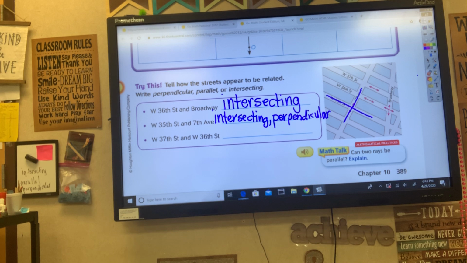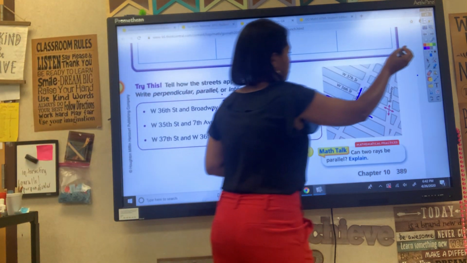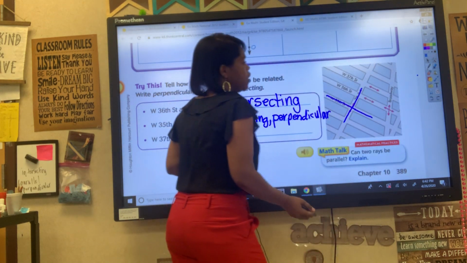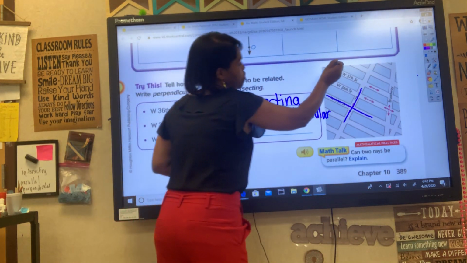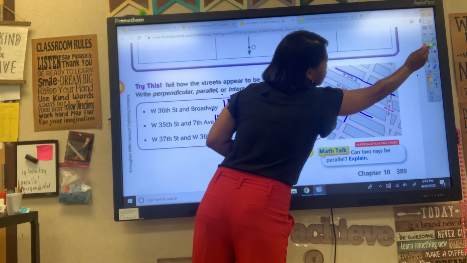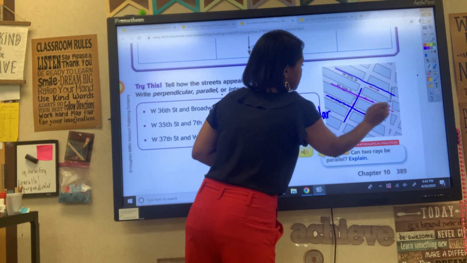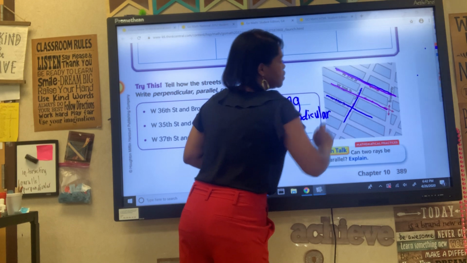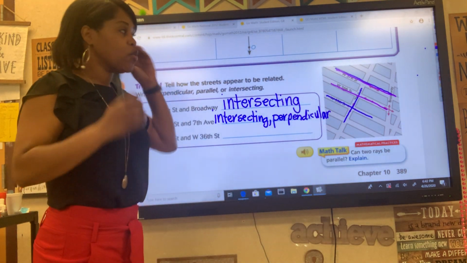Now let's take a look at the next one. West 37th Street and 36th Street. So this is 37th. This is 36th. You can think about, will those streets ever cross each other?